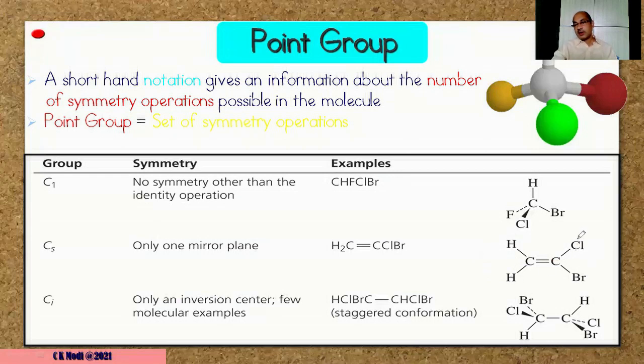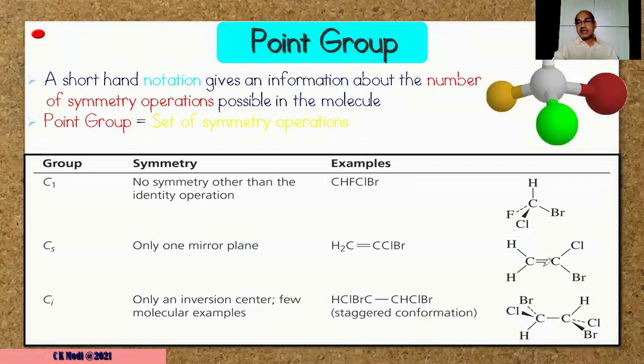But on the other side, where chlorine and bromine are present, we are not getting the equivalent structure. So this axis is absent. Second, on the z-axis, if I rotate 180 degrees, are we getting the equivalent structure? No. So therefore, rotation axis is absent.